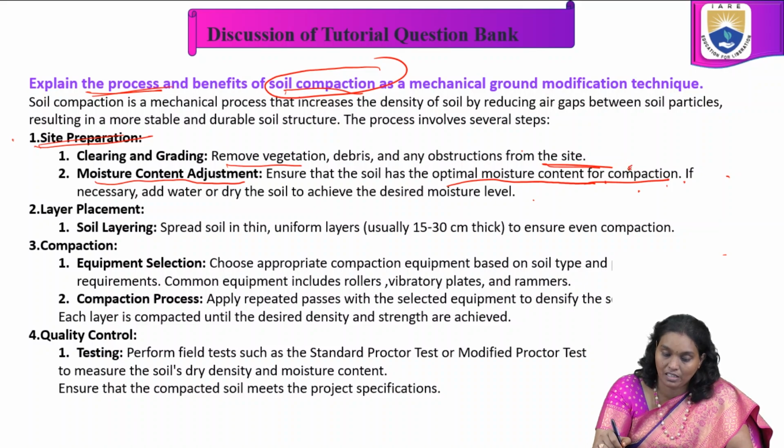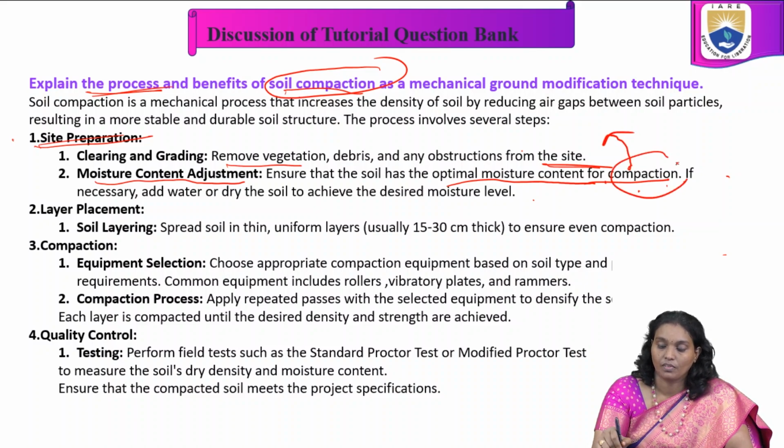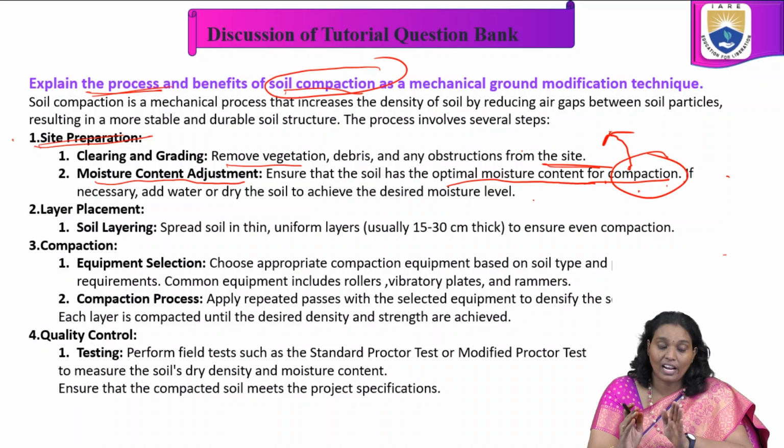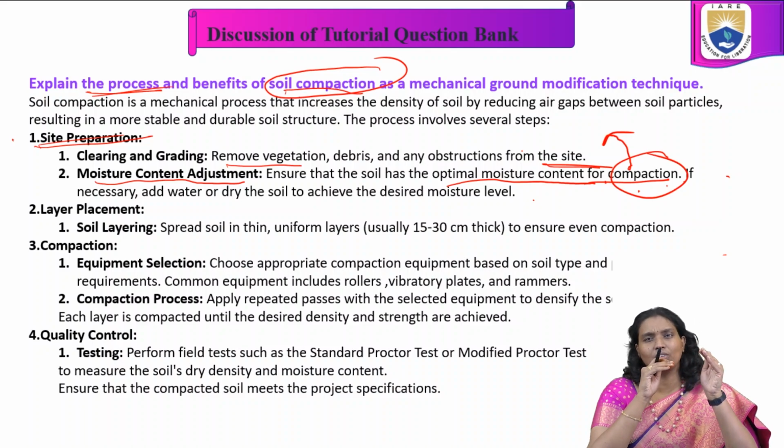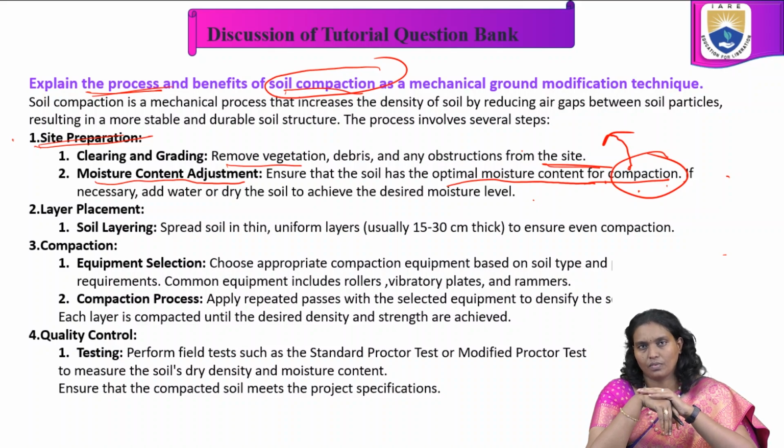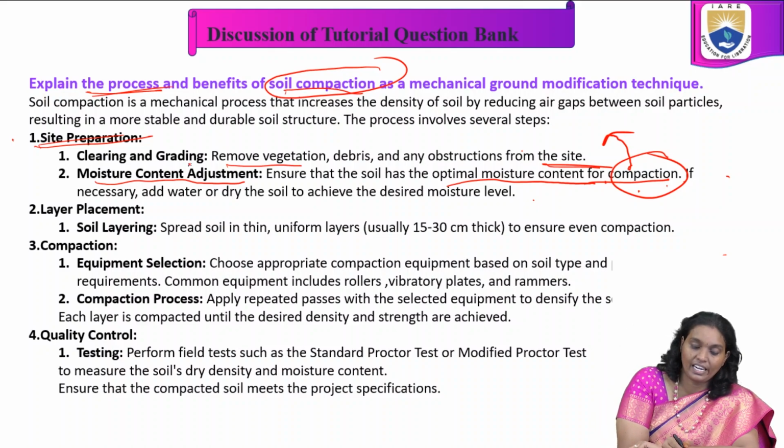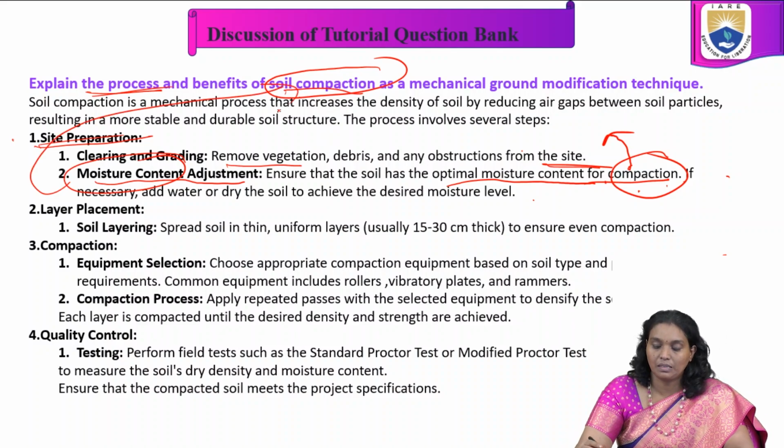This is especially for compaction, not for other techniques. So we have to ensure which type of technique requires what type of procedure. Here the moisture content is the important parameter for soil compaction. This is important terminology which we use.